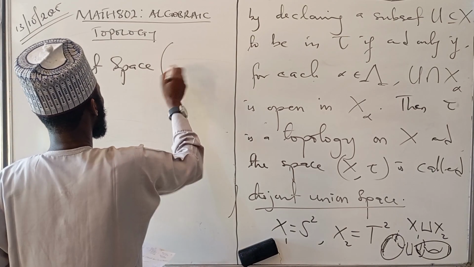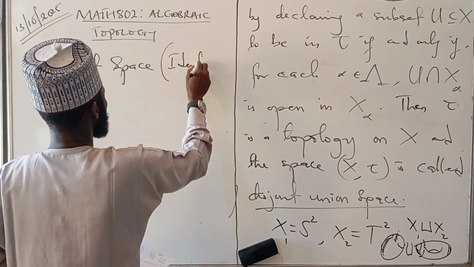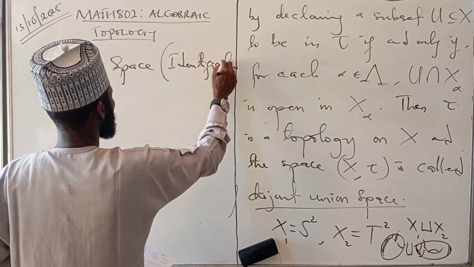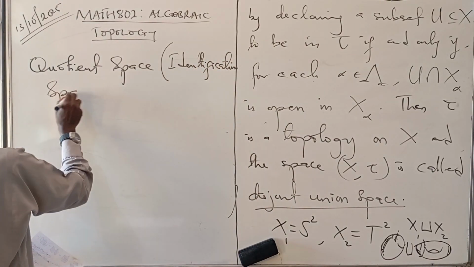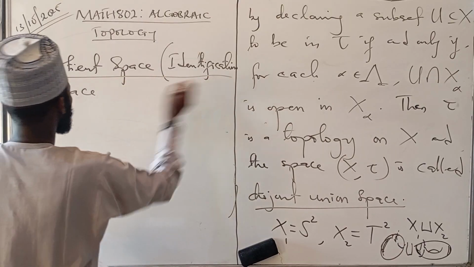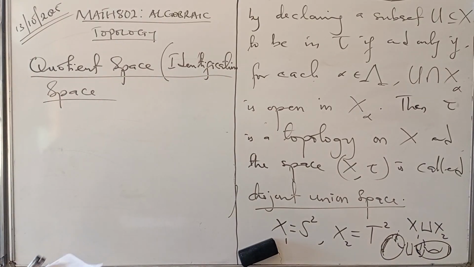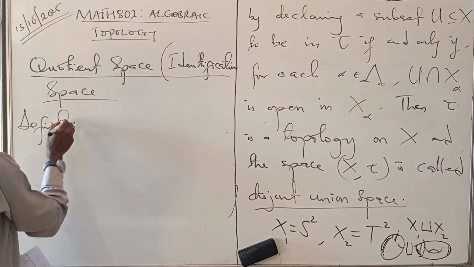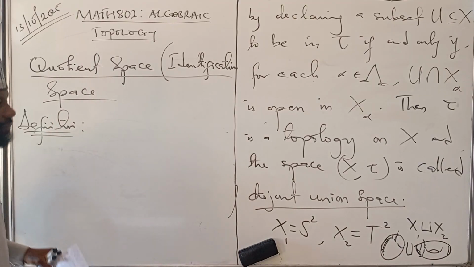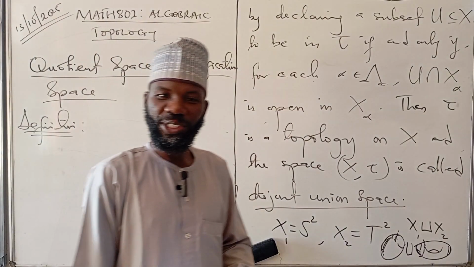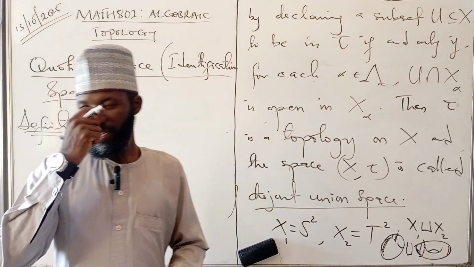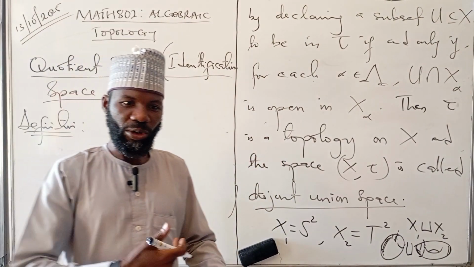Quotient space, also called identification space. All right. So I start with a definition. Just like you have quotient groups in group theory, you can have direct product of groups.